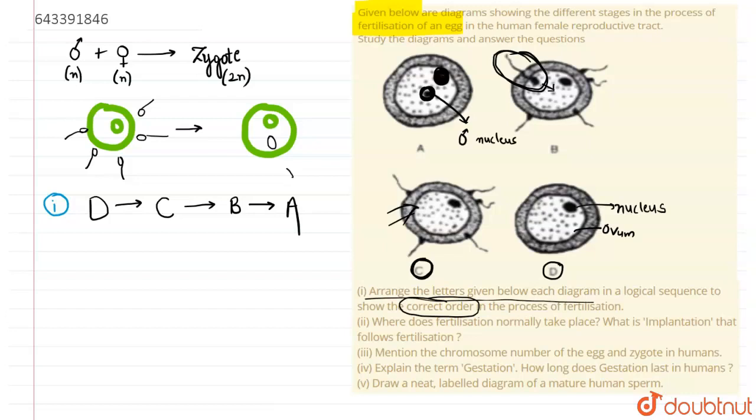Now coming on to the second question. Where does fertilization normally take place? So question number 2 asks the location of the fusion of the gametes. What is fertilization? The fusion of male and female gametes, and this takes place in the ampulla region of the fallopian tube.